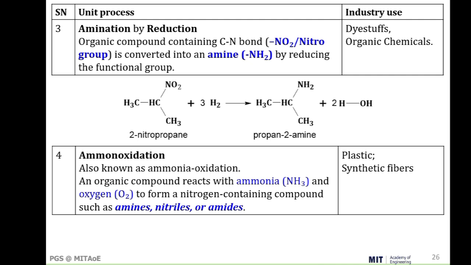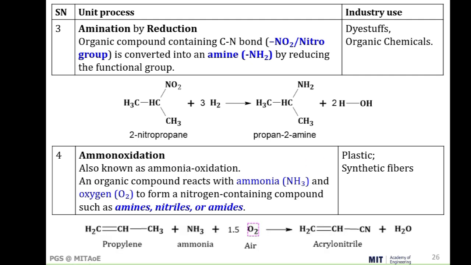Another unit process is ammoxidation, also known as ammonia oxidation. In this, a carbon-containing substrate is reacted with ammonia and oxygen or air to form nitrogen-containing compounds such as amines, amides, or nitriles. One example is propylene, which has a terminal CH3 group.